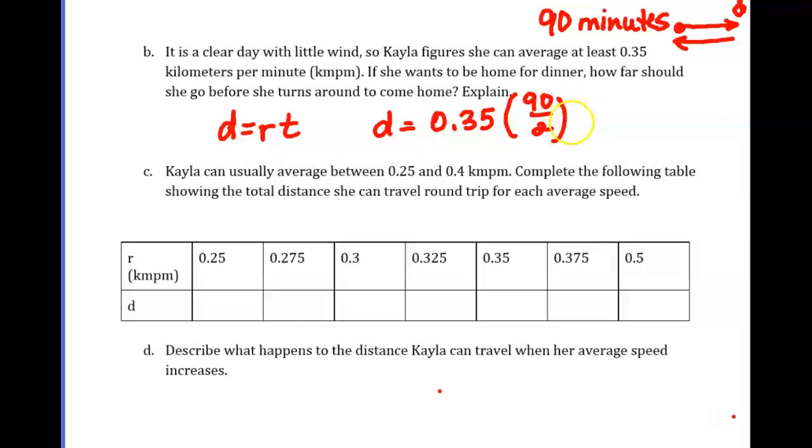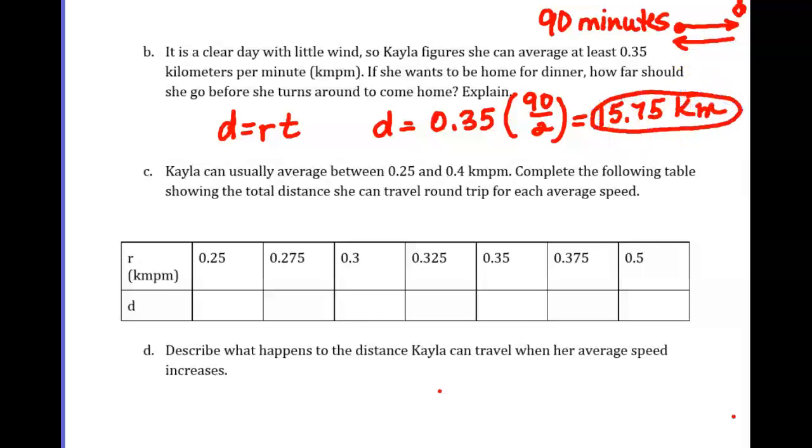If we calculate that out, we get 15.75, and it's going to be kilometers. The reason is she can only ride out half the time since she needs to get back. So that would be our distance.